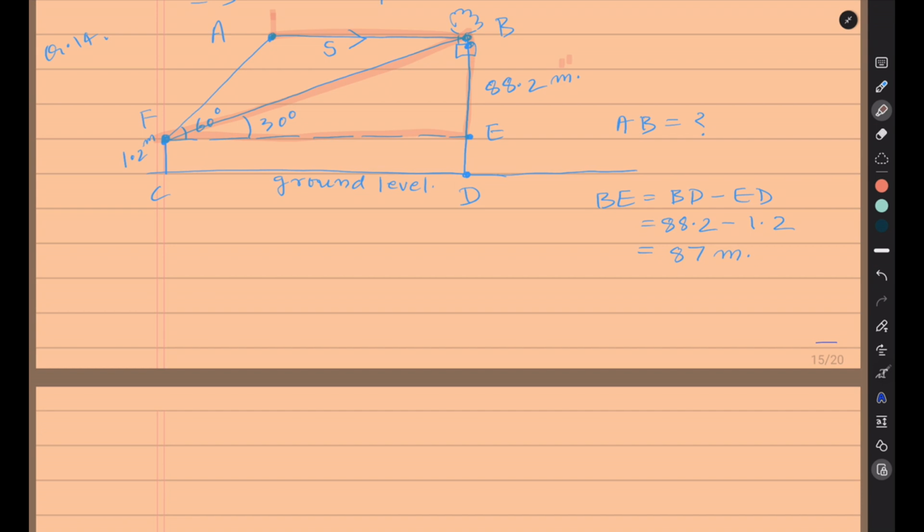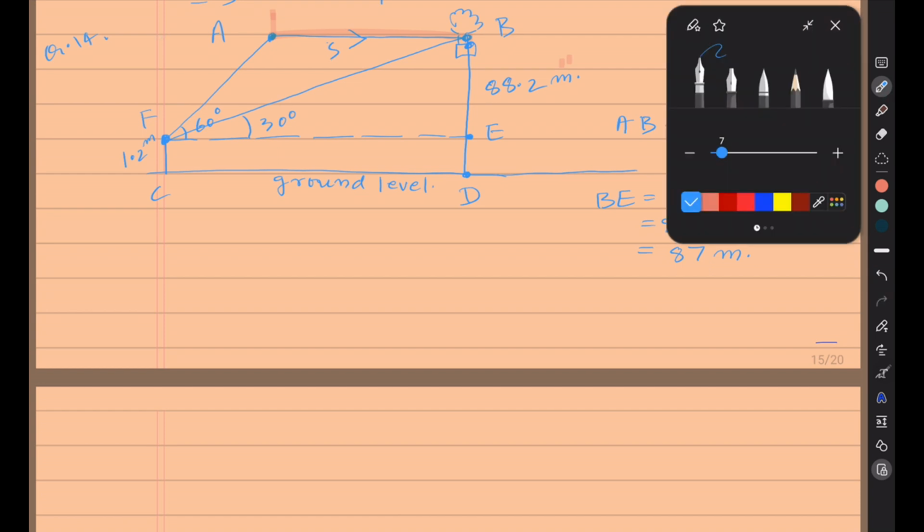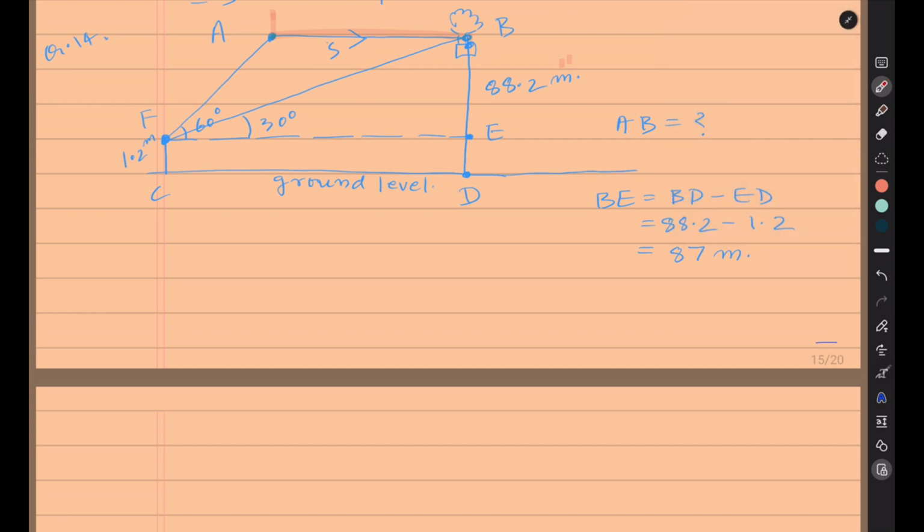It may not give us any useful results for our solution. So what we will do, we will just do some construction. I will do it in some different color so that you can see.